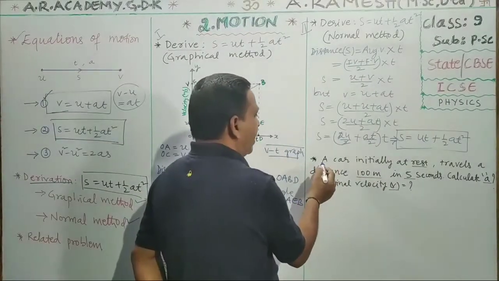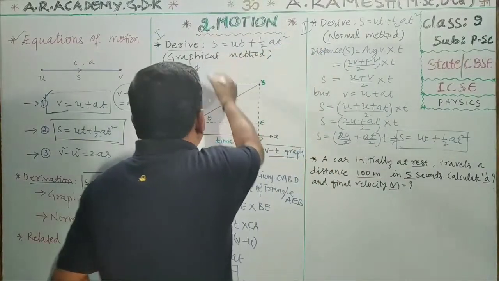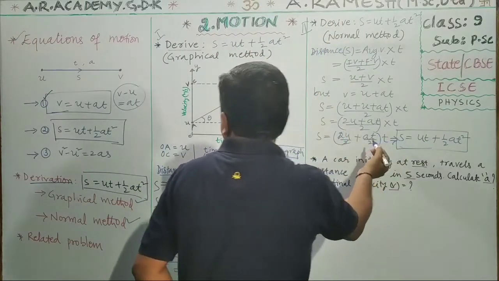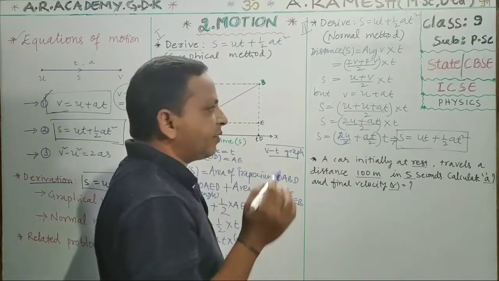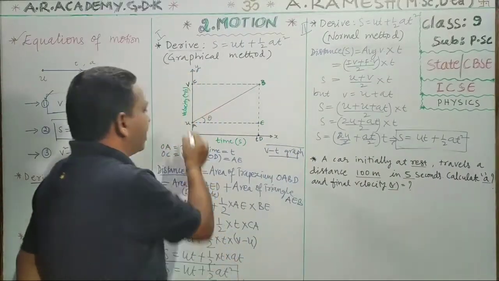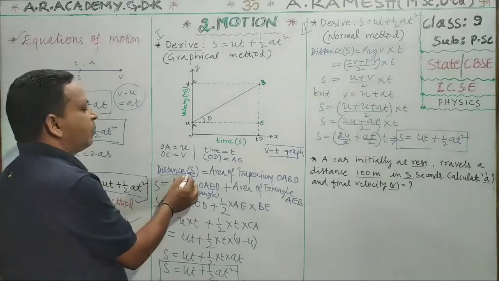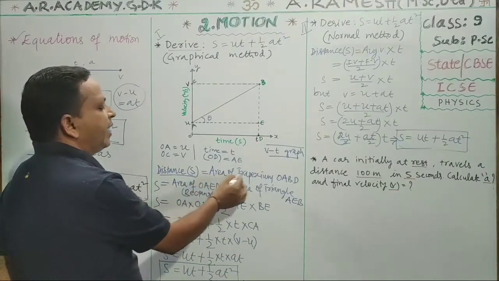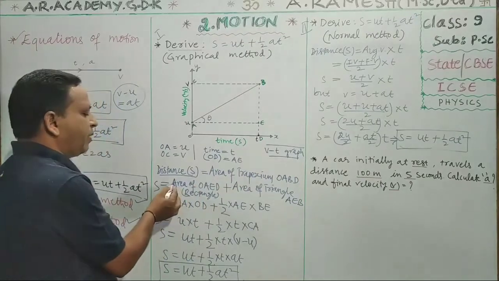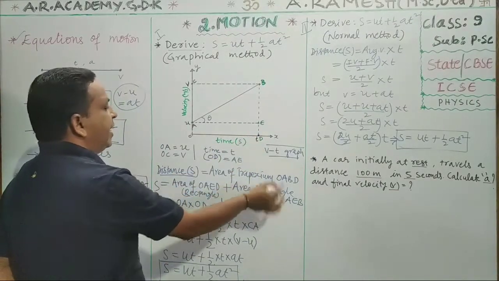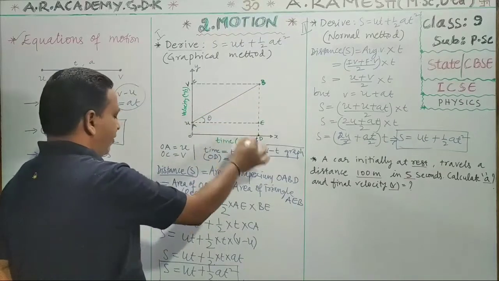Here you see, children, this derivation is the normal method of derivation, and the earlier one is the graphical method. In equations of motion, the second equation we derived graphically. How did we derive? Using the distance formula. Distance is nothing but the area of the trapezium. Area of the trapezium is nothing but the area of rectangle OAED plus the area of the triangle.